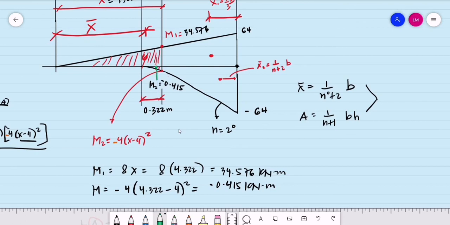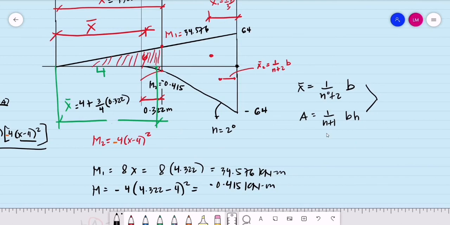We know this distance as 4 meters. So the equivalent bar x will be equal to 4 plus 3/4 of 0.322 meter.